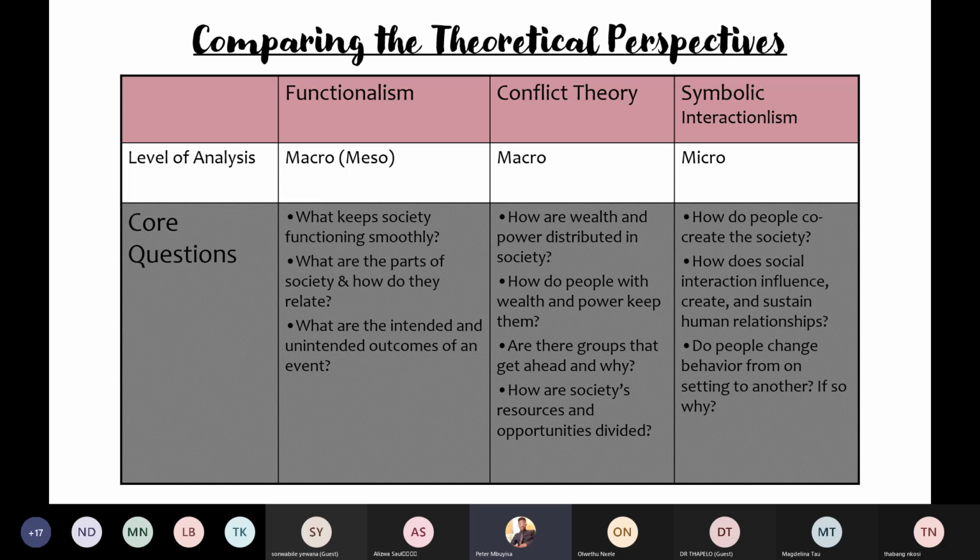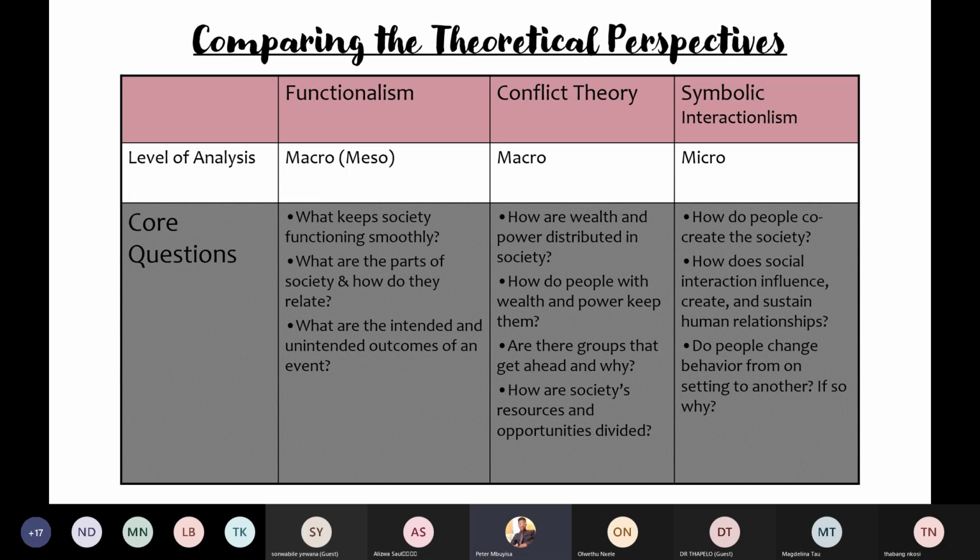And I hope we can see now how the different perspectives or levels of analysis can be applied and how they can be used to view society in different ways. And then when we look at the individual, these are the questions we ask. How do people co-create society?